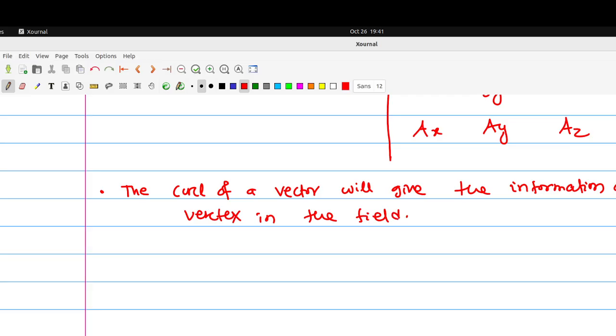What is a vortex? Let's say this is water. Simple. Very, very interesting.